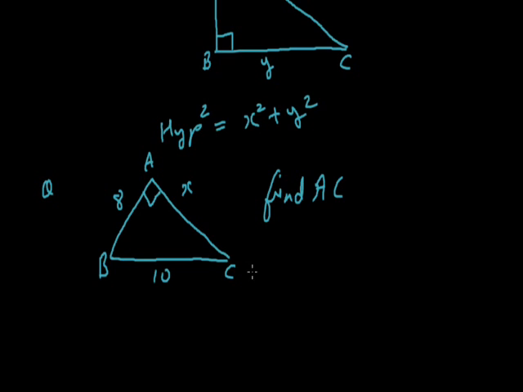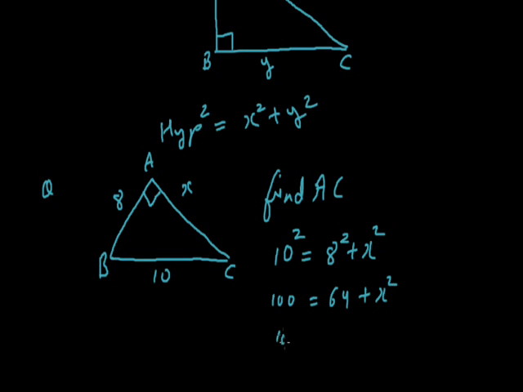Now, according to the Pythagoras theorem, the side opposite to the 90 degree, that is 10, is called the hypotenuse. The 10 square is equal to the sum of the squares of the other two sides, that is 8 square plus x square. So 10 square is 100 and 8 square is 64, plus x square.